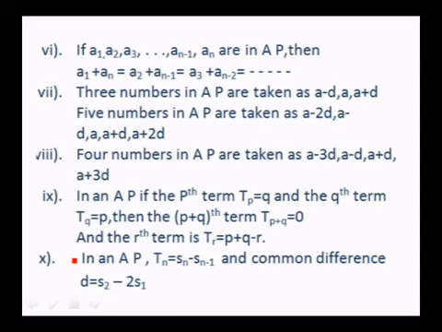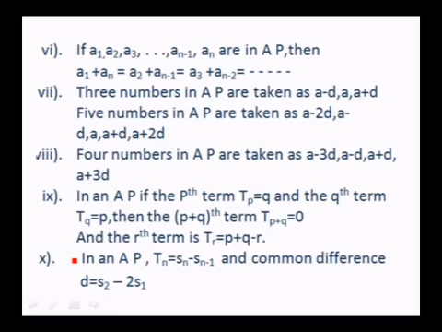Next, if in an AP the pth term Tp is equal to q, and the qth term Tq is equal to p, then the (p plus q)th term T(p+q) is equal to 0. This will be helpful in solving certain problems when you find them in CET, and the rth term Tr is equal to p plus q minus r.